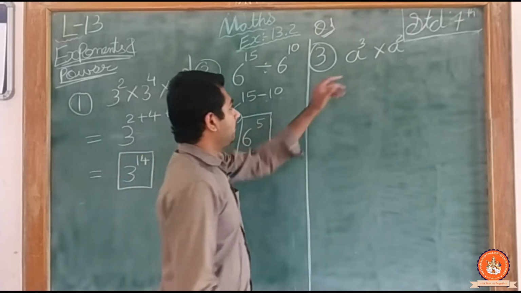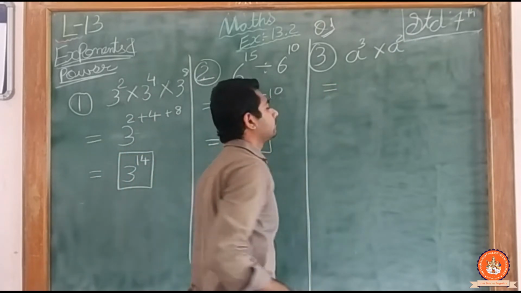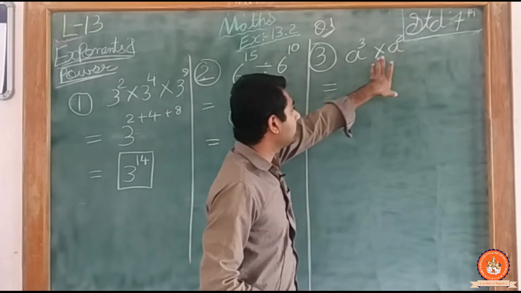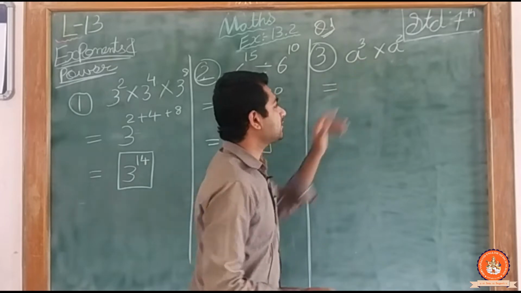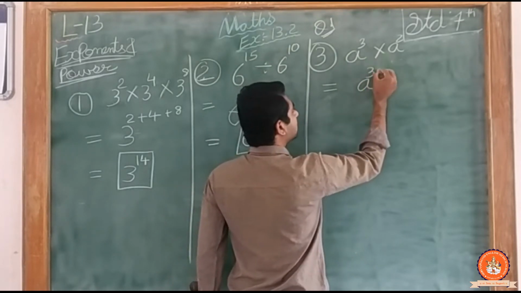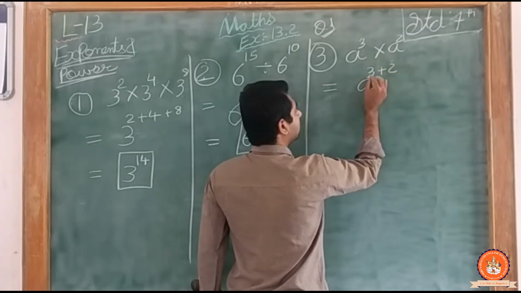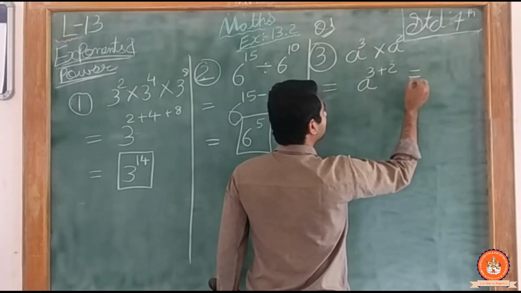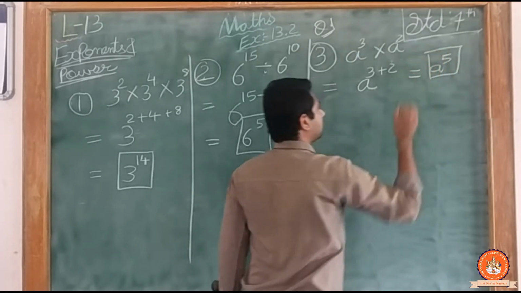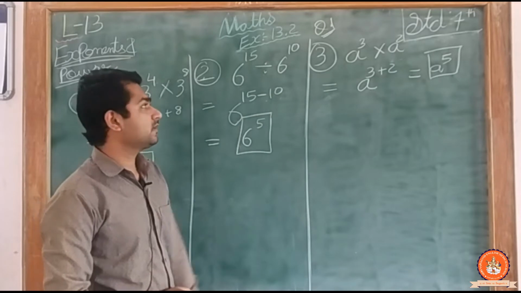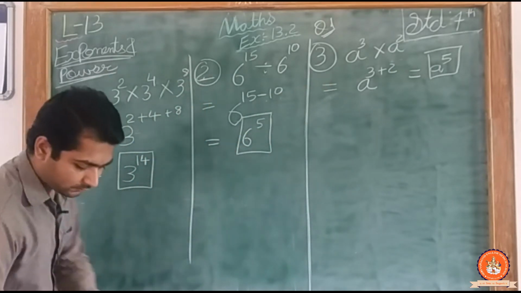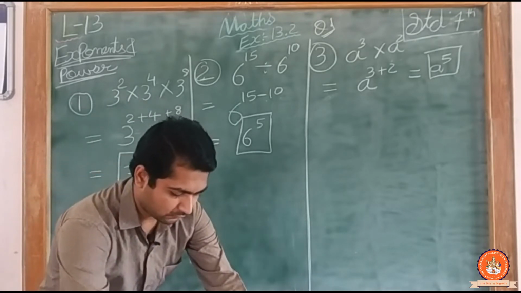With this multiplication sign and the same base, it becomes a raised to 3 plus 2. Multiply means we have to add the powers. 3 plus 2 is 5, so a raised to 5. Clear, students? That is my question 3. Now coming to question number 4.